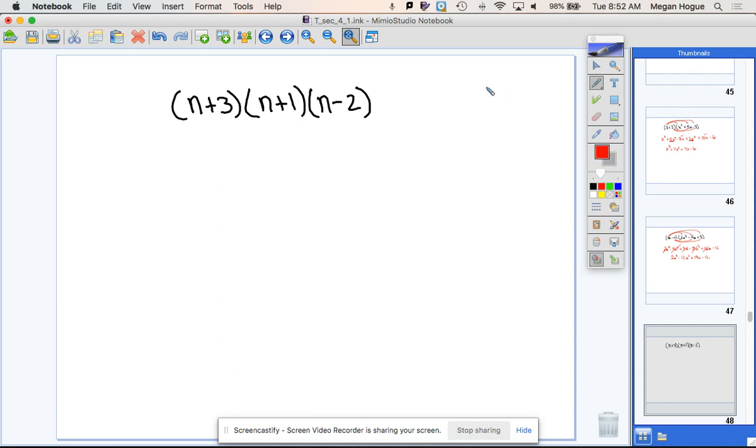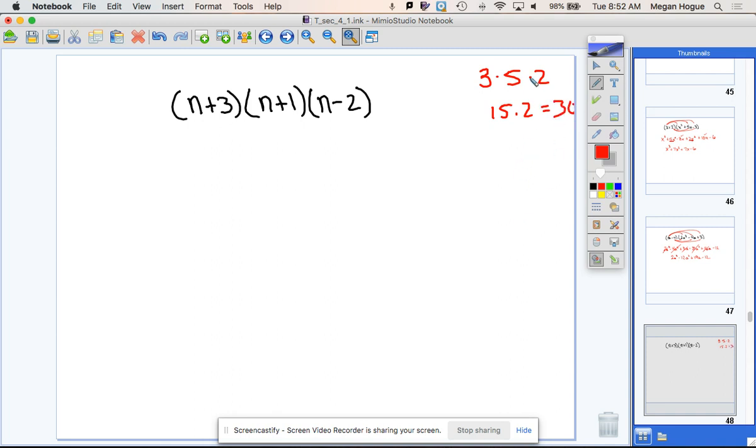If I think about multiplication, if I had 3 times 5 times 2, I'm allowed to multiply those in any order. I can't just multiply all three at once. In my head, 3 times 5 is 15, times 2 is 30.